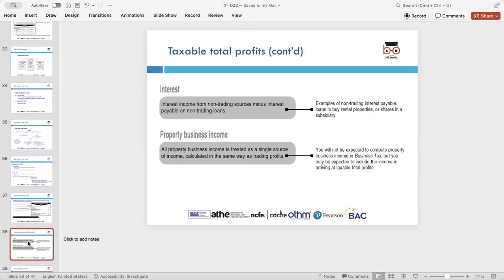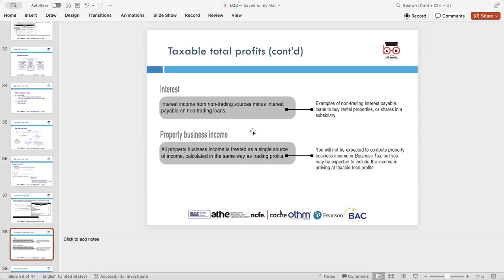So next is taxable total profit continued. Interest income and property business income in the context of calculating taxable total profit. Interest income from non-trading sources refers to the money a company earns from investments or loans, like interest from savings accounts or bonds.